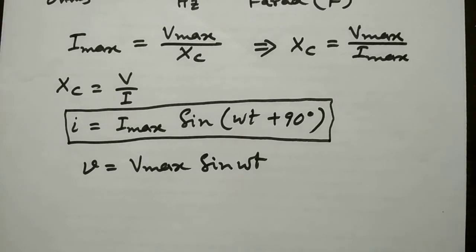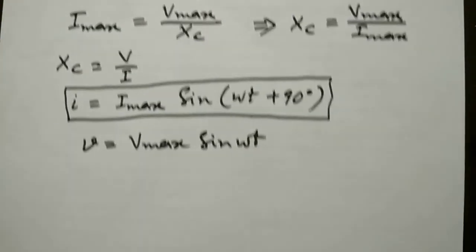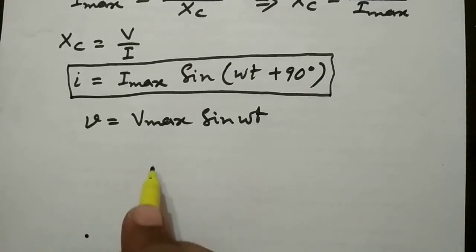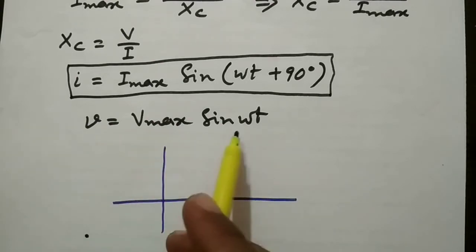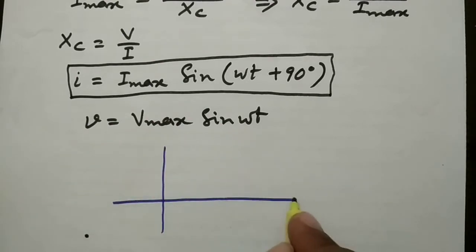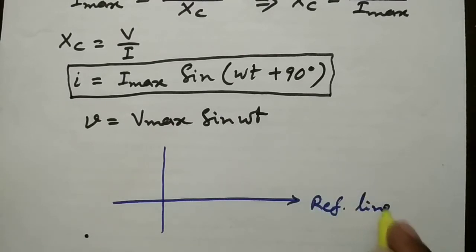So let's draw the phasor diagram of the voltage and current. V equal to Vmax sin omega t will be drawn along the reference line.